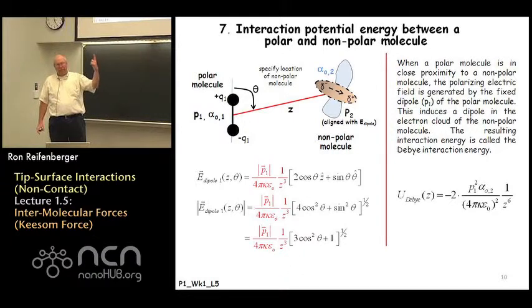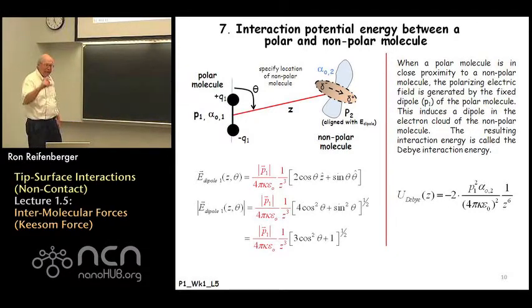But the electric field produced by the dipole, the molecule with the permanent dipole, can interact with the nonpolar molecule, and it can induce a dipole moment in that nonpolar molecule. And how much of a dipole moment is induced in that nonpolar molecule is going to be determined by the polarizability alpha 0, 2 of that nonpolar molecule.